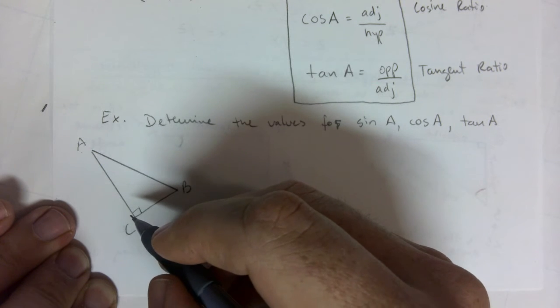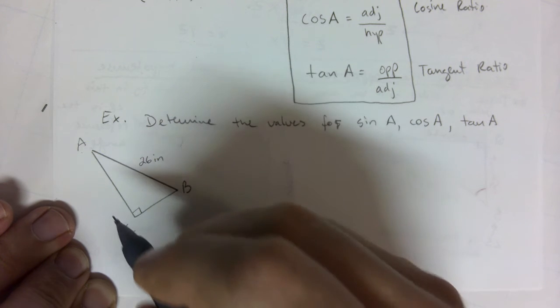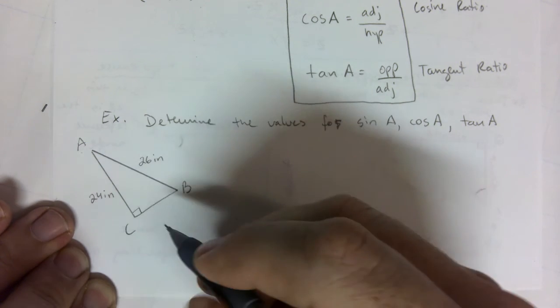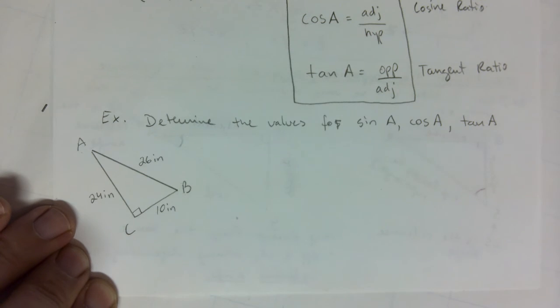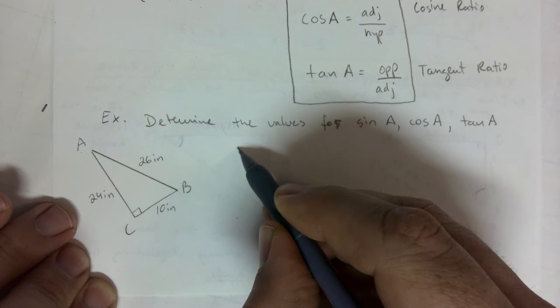It will work out regardless. So let's say this side is 26 inches and this side is 24 inches. This side here is 10 inches. So all three sides are given like that, and you're asked to find sine of A, right?